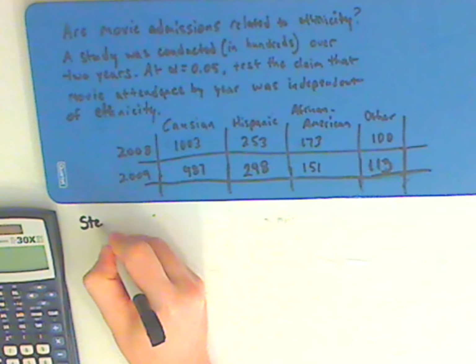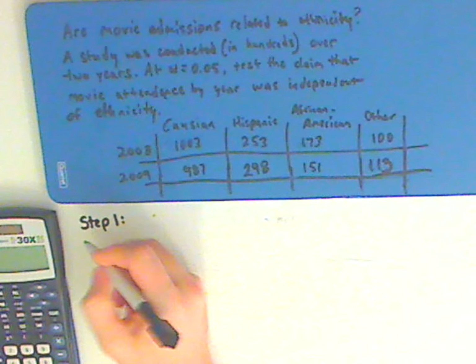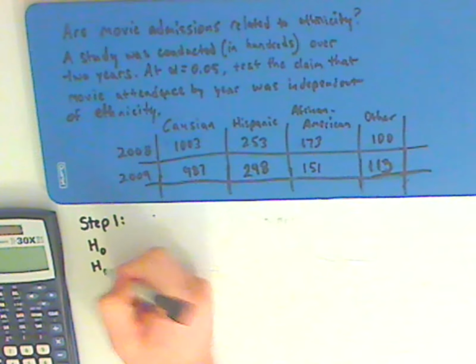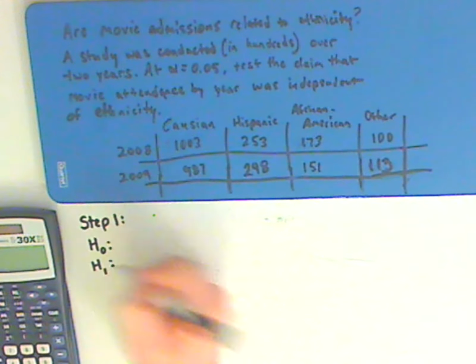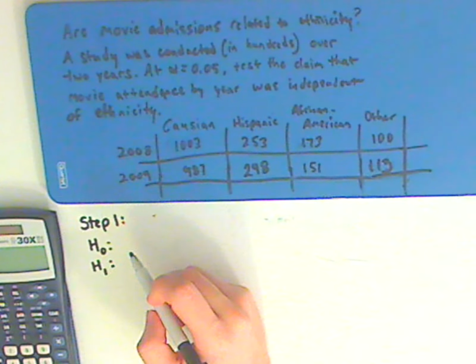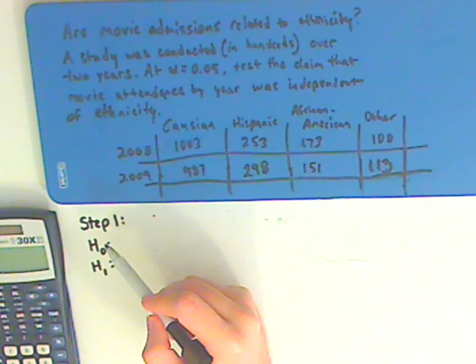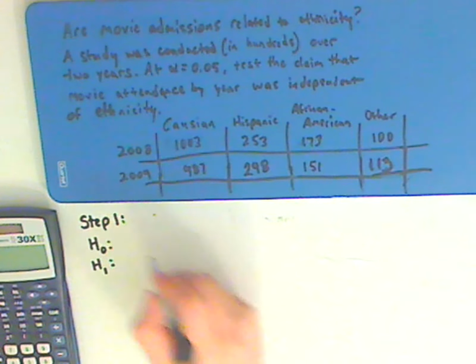So step one. Now for your null hypothesis and your alternative hypothesis. Your null hypothesis is that they're going to be independent of each other.